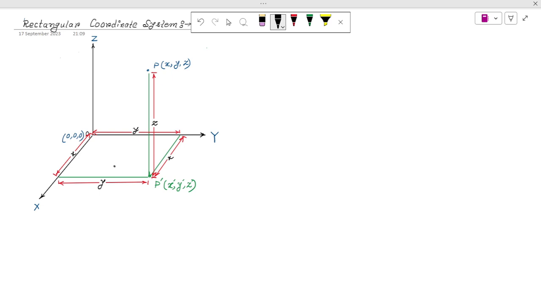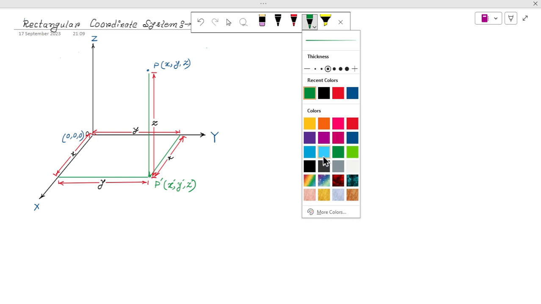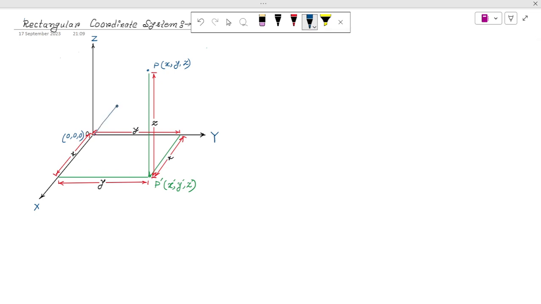Now what do we have to do? From origin, use again another color. Suppose use blue. Okay, so that will be good. From the origin, you have to draw a line to the particular point, and this will give you the actual direction from origin to this particular point.